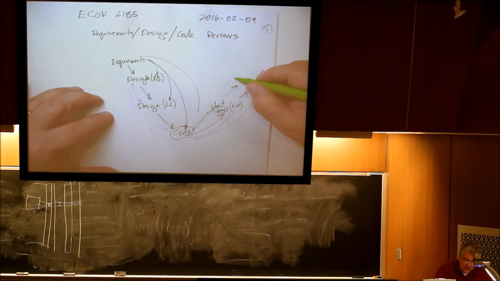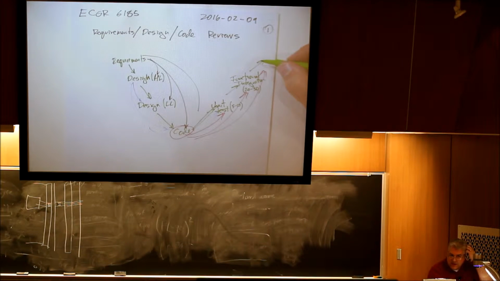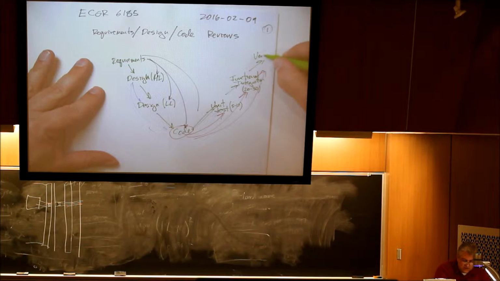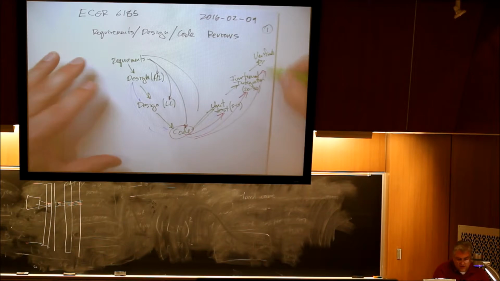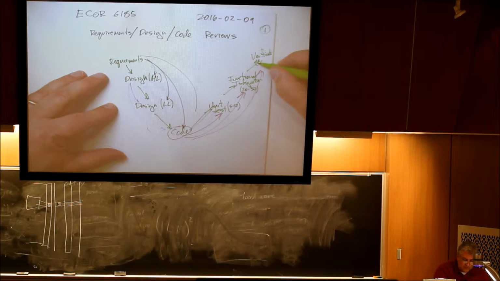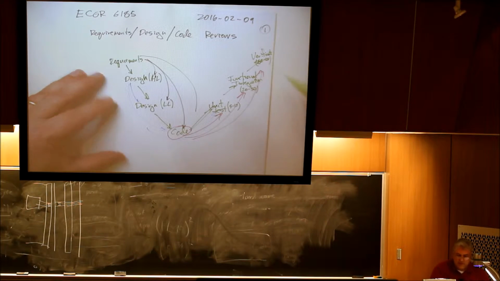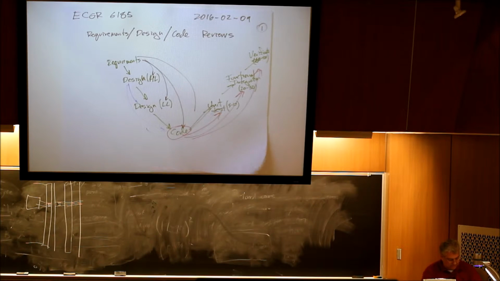You go up to a functional test or an integration test, suddenly you're involving 20 to 30 people, and then if you go up to a verification, now you are involving everybody in the project, which may be 60 to 100, depending on how big your project is.